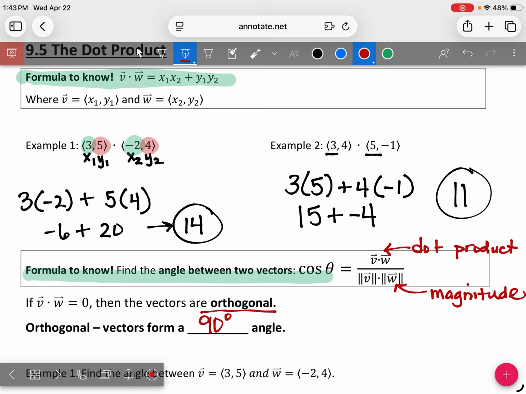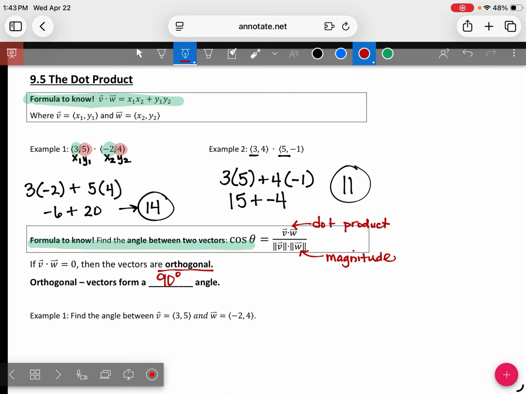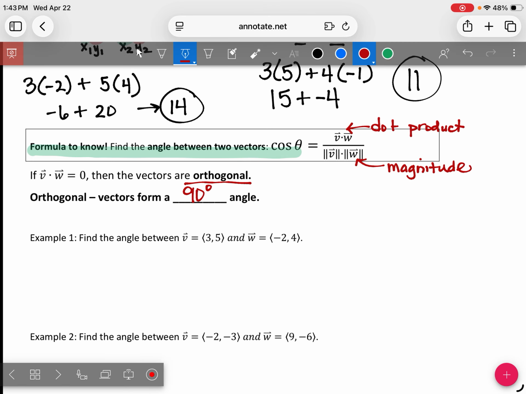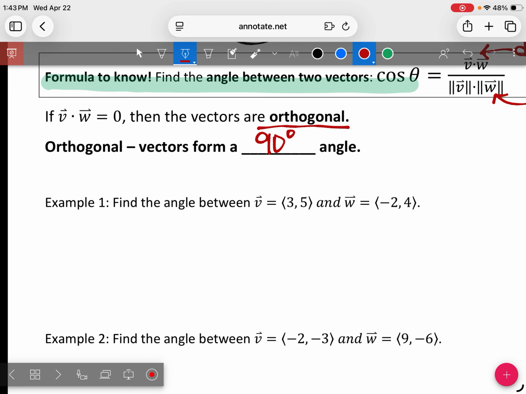So we got 2 vectors. Let's look at example 1. I have vector v and w, and I want to find the angle between these vectors. Step number 1, find your dot product. So you're going to multiply your x's together, multiply your y's, add them together.